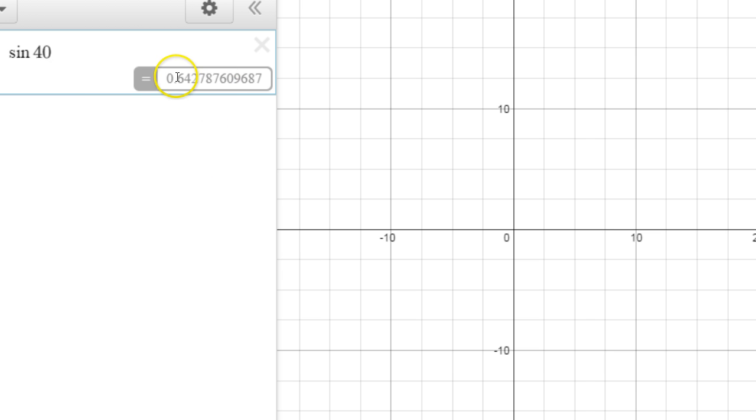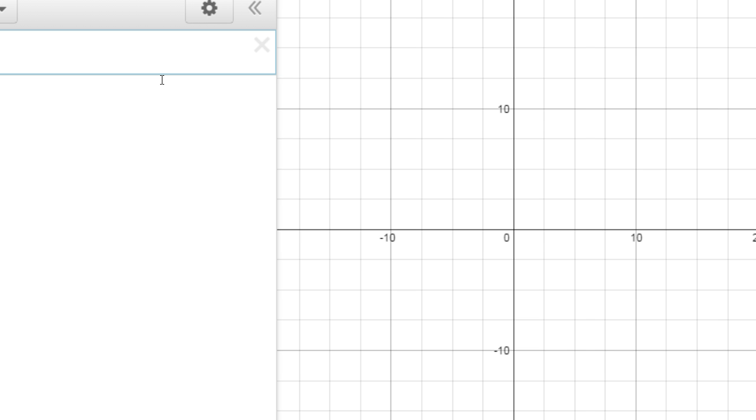Okay, it's not a pretty number. For example, there are some really pretty ones, like sine of 30 is going to be 1/2. That's actually a really cool property. Sine of 45 is going to be this nice number. That's not as pretty. Sine of 90 is amazingly just 1. And sine of 0 is just 0. So it's some really cool stuff to work with.